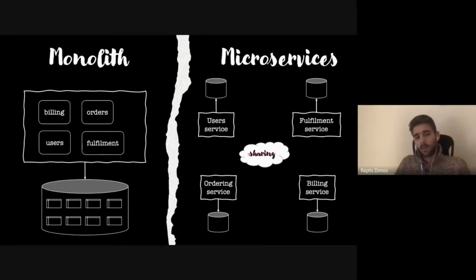The second benefit that is often cited is the fact that by splitting this system into different parts, we are able to deploy these services independently, and we can also scale them independently. And this is useful because we might have different services having different requirements.